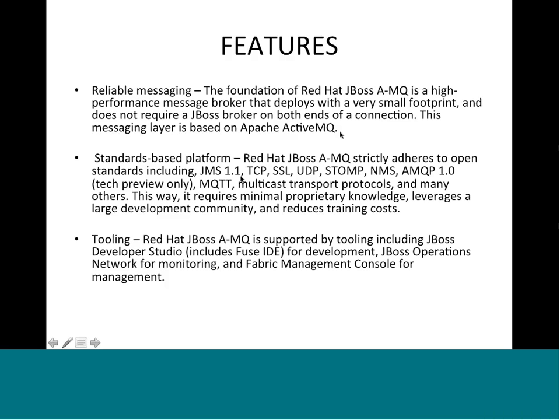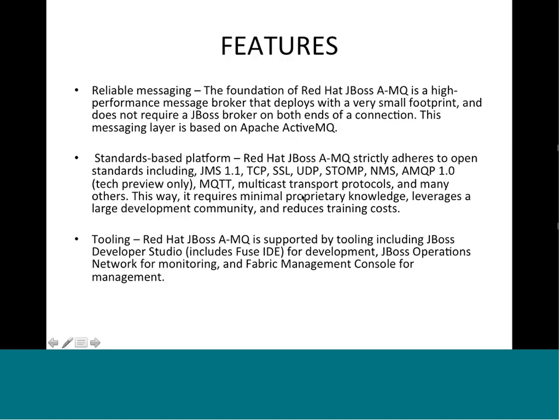Right. It is a standards-based platform; it understands whatever standards are adopted today. For example, JMS, TCP, SSL, UDP, NMS, AMQP, right? AMQP is the main protocol, and if you see, it is tech preview only. Then MQTT, multicast transport protocols, and many others. So whatever standard protocols are there, your Red Hat JBoss AMQ understands them.